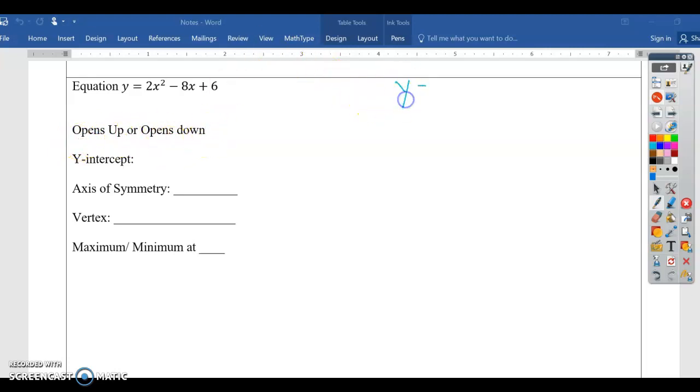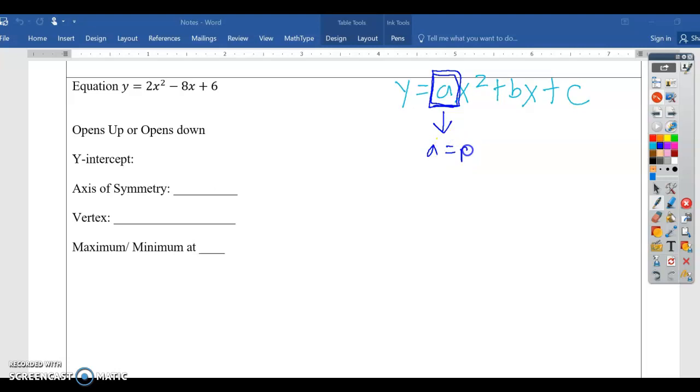So the first thing we need is we need to know that this equation is in standard form. Okay? ax squared plus bx plus c. You've seen this in Algebra 1. You've seen it in geometry. Okay? If it opens up or down, we're going to look at this first term right here, the a value. Okay?